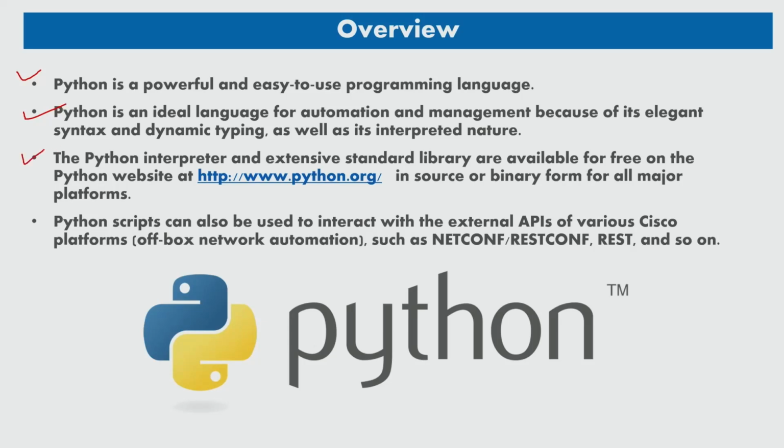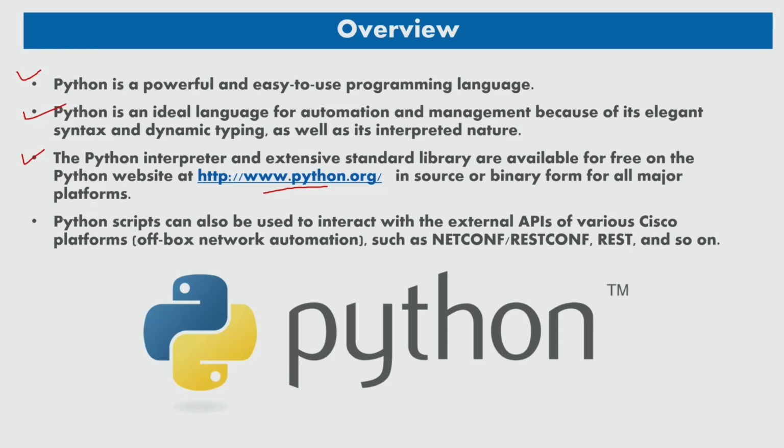The Python interpreter and extensive standard library are available for free on the Python website, which is this one, in source or binary form for all major platforms. Many Cisco switches and routers include a Python interpreter and can be used to run scripts and programs on end devices directly. In addition to the interpreter, the devices have Python libraries that give them direct access to the device's operations, allowing them to run CLI commands or watch for events.